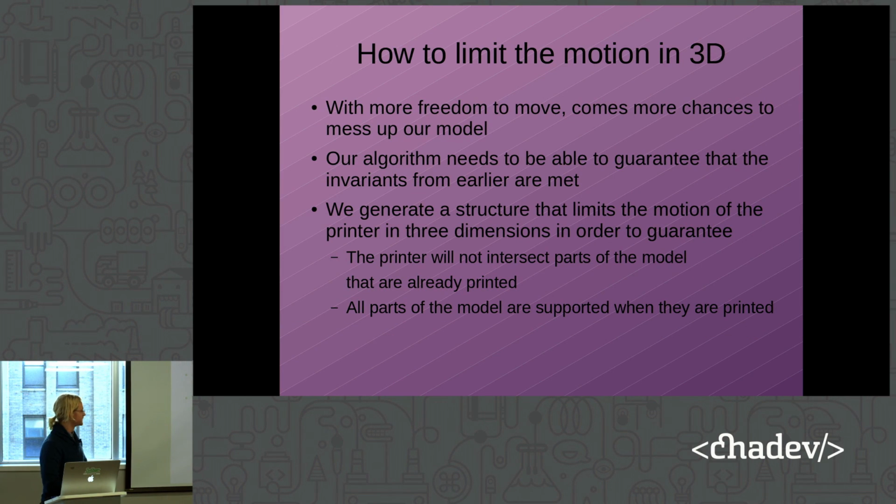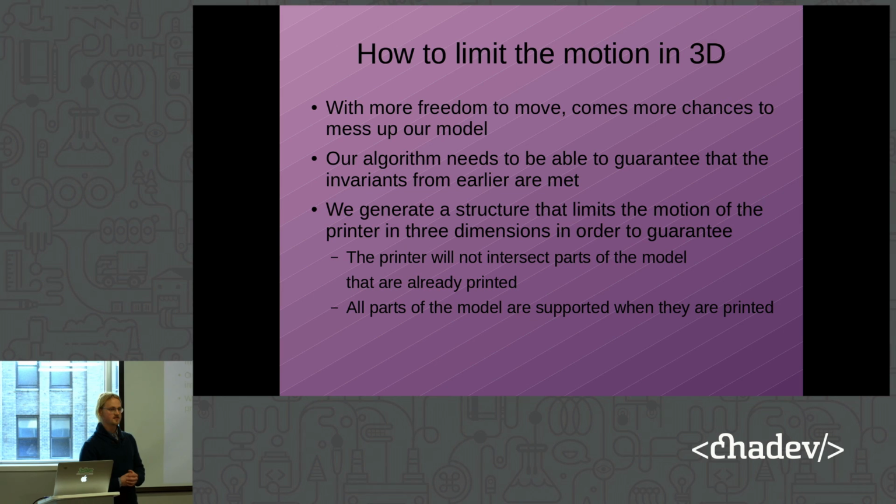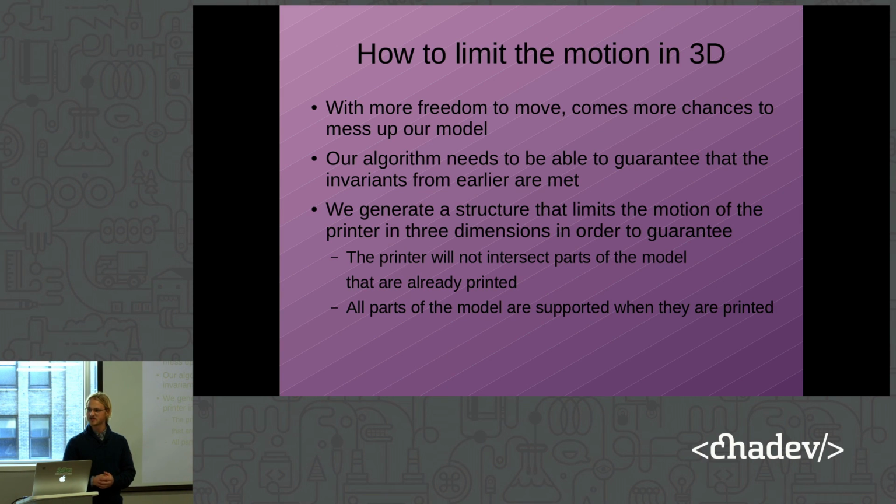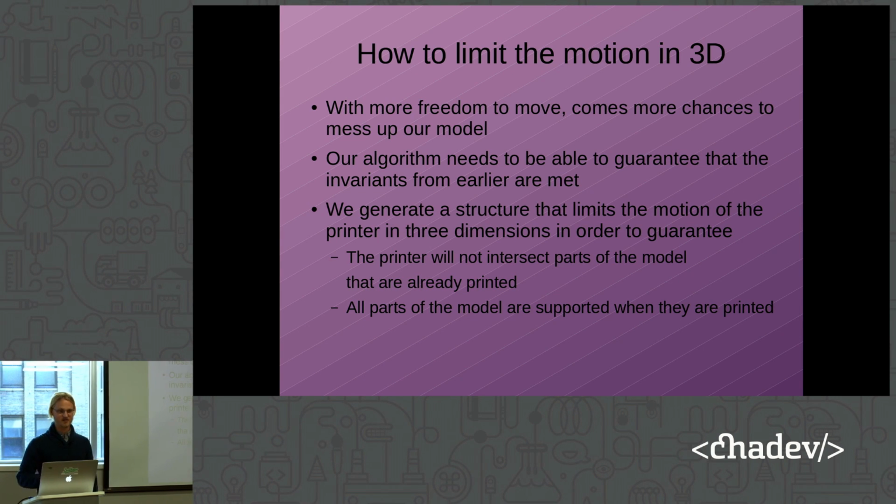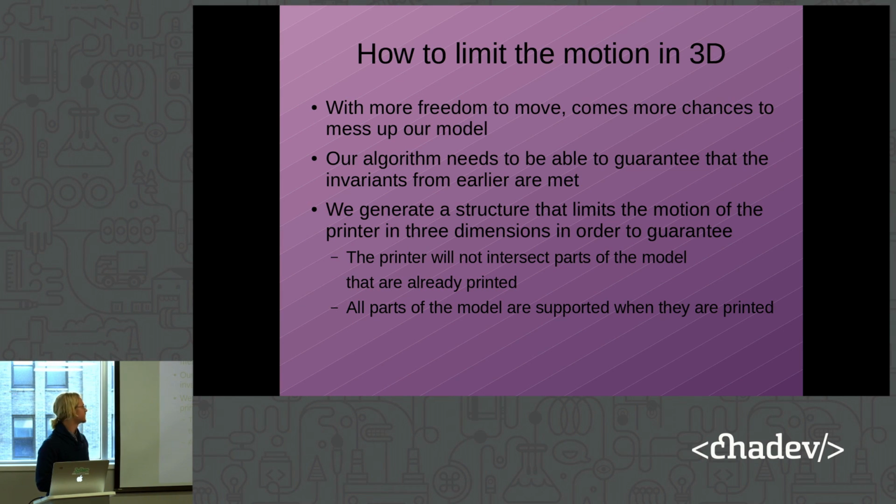So we had to come up with an efficient way to limit the amount that you're moving in these dimensions in order to preserve our guarantees. With more freedom, we have more chances to mess stuff up, and you have to have a more robust scheme for representing how things are moving in your model. So what we do is we generate a dependency structure over all of the different elements of this model, and we use that dependency structure to limit the way that we're moving in 3 dimensions.